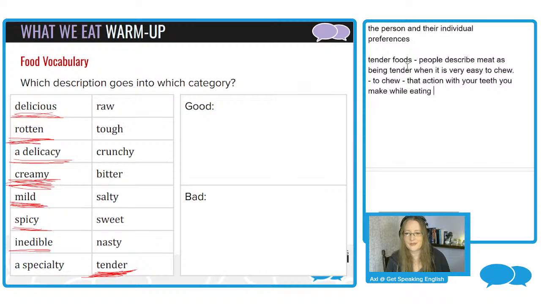So something very easy to chew is kind of soft. It breaks apart really easily. Tender is a word that gets thrown around a lot when people are talking about eating meat. Vegetables could also be tender as well.